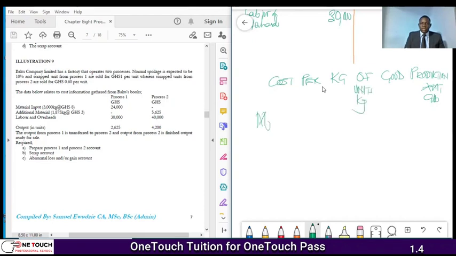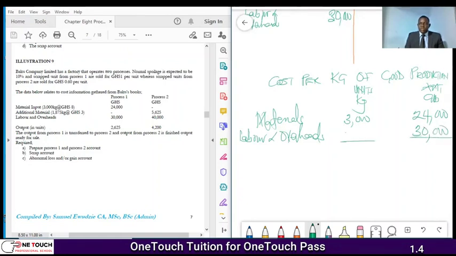So we have materials to be 3,000 kg at a total cost of 24,000. We have labor and overheads to be 30,000. Great. So at the end of the day, we have 54,000. Total unit is 3,000. Normal loss is what, 10%.